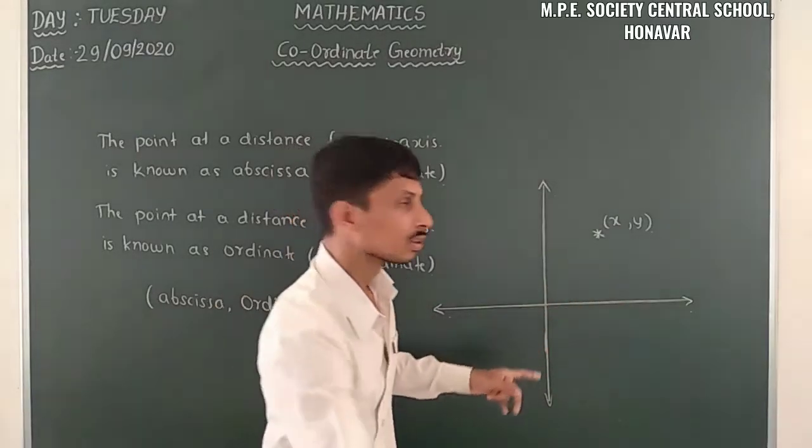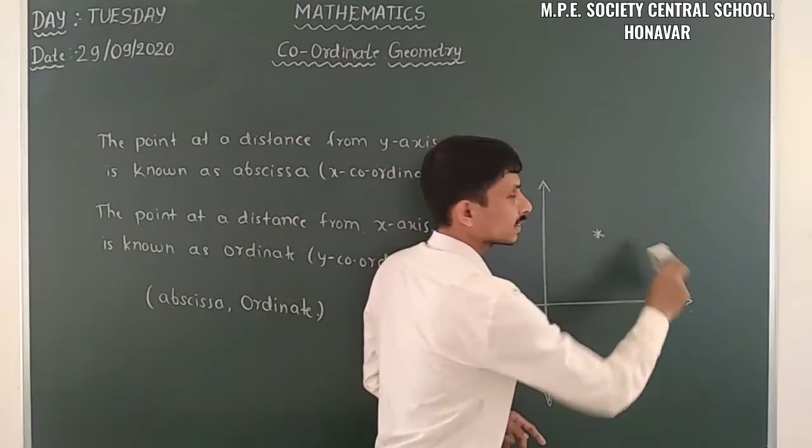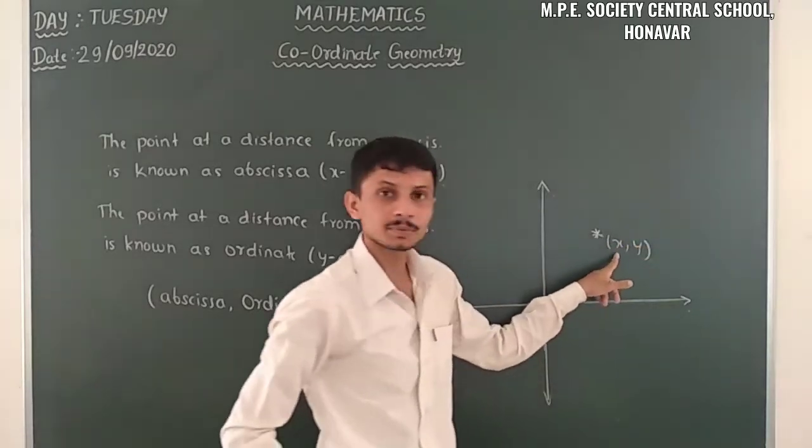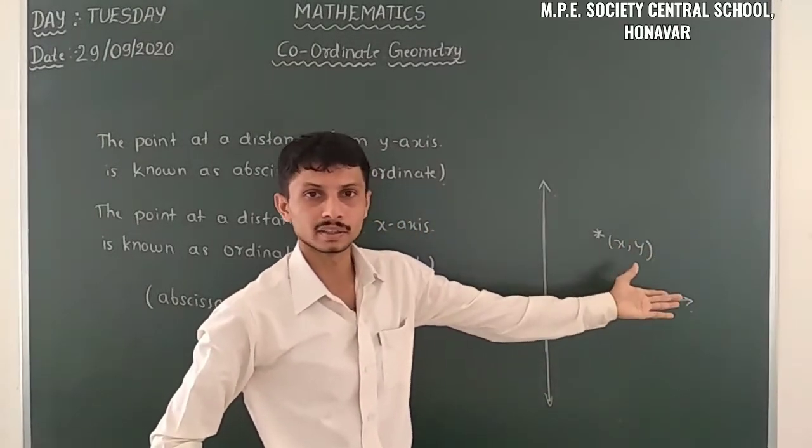So this is a point in the first quadrant. I will take this as x comma y, where x is the abscissa and y is the ordinate.